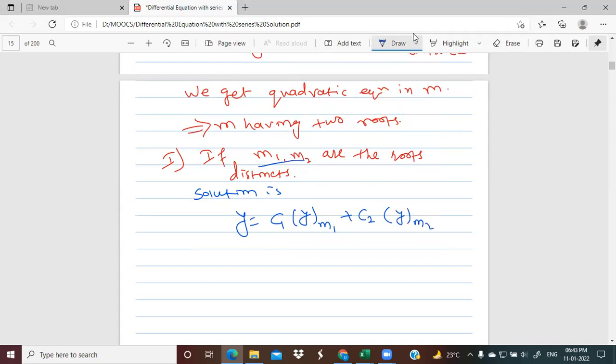So these roots are distinct, and again this does not differ by an integer.